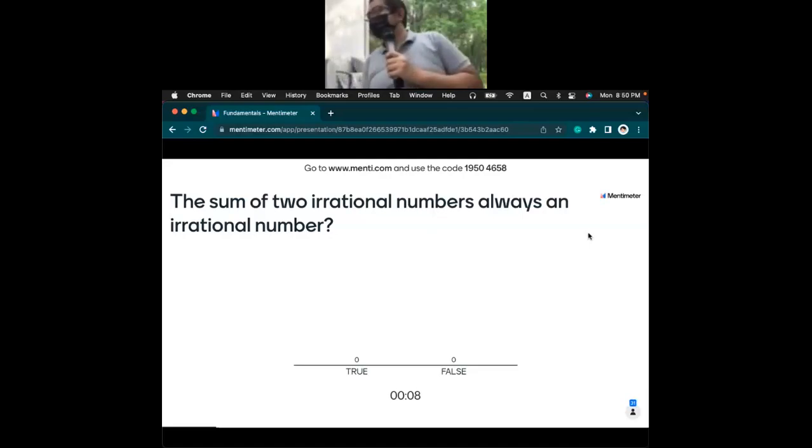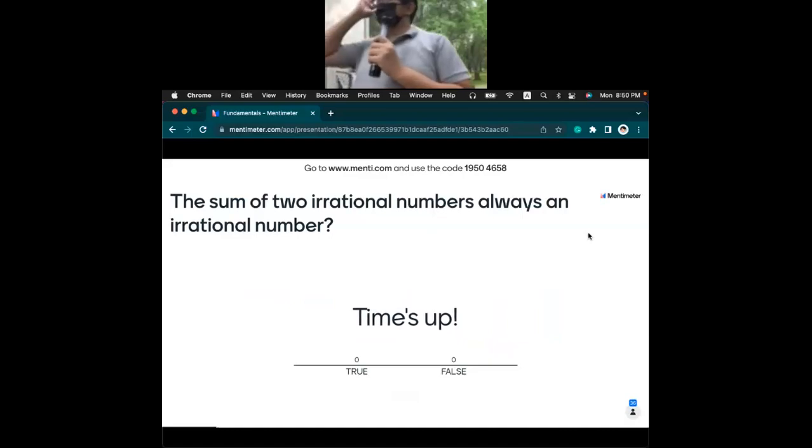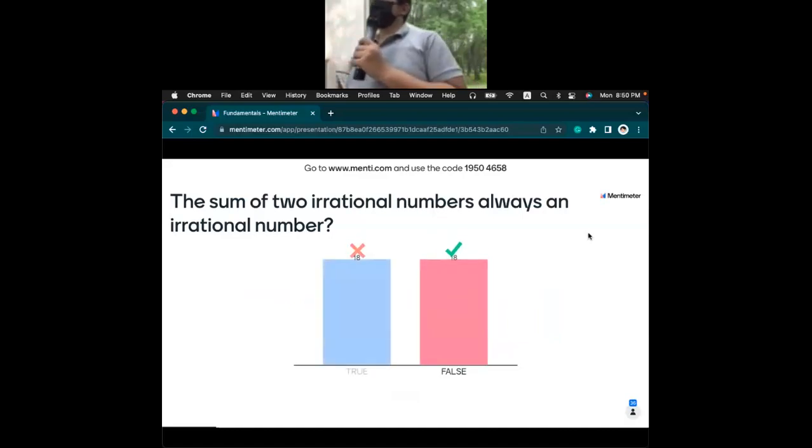Irrational number. I hope you still remember what irrational number means. It's perfectly half, but it's false. It's not. If you have pi, you have negative pi.